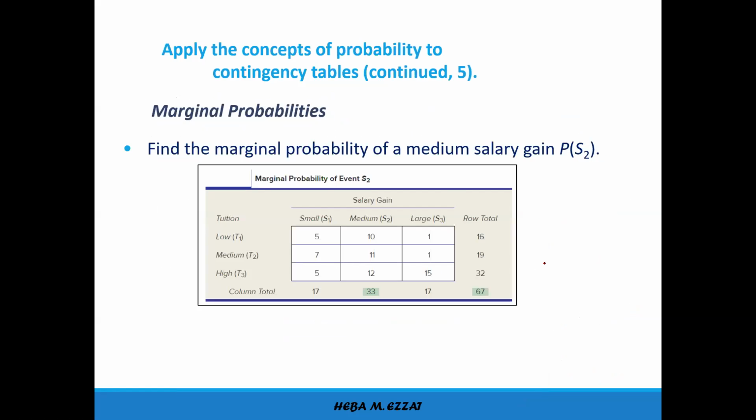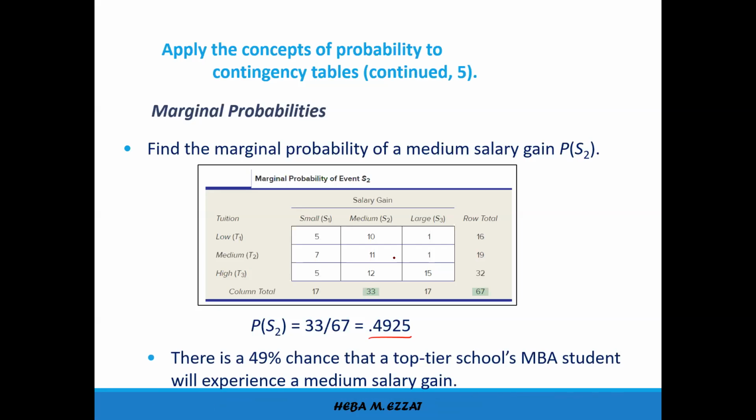So here to find again the median salary, we have already calculated the marginal probability of all of them. Again, to interpret the results, we would say that there is a 49% chance that a top tier school's MBA student will experience a medium salary gain.